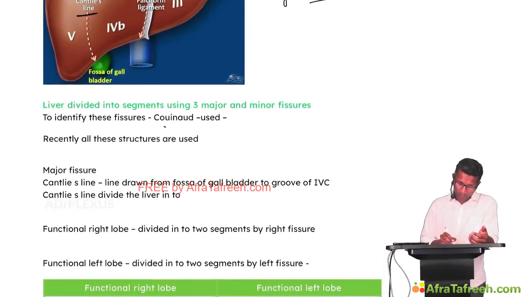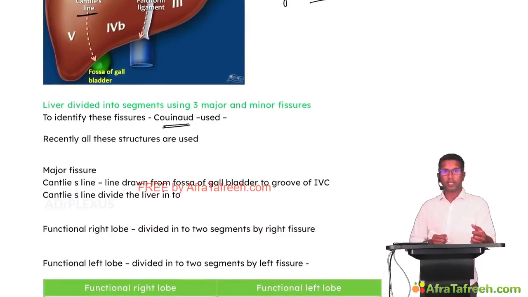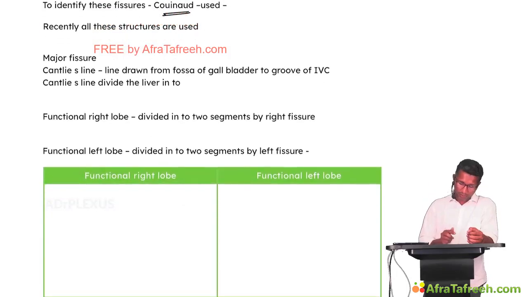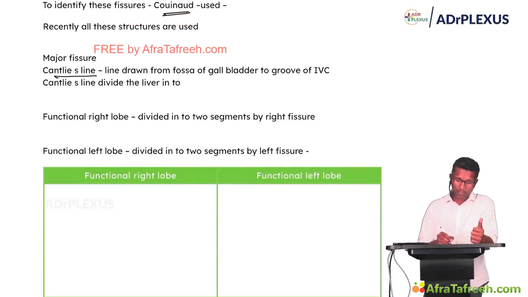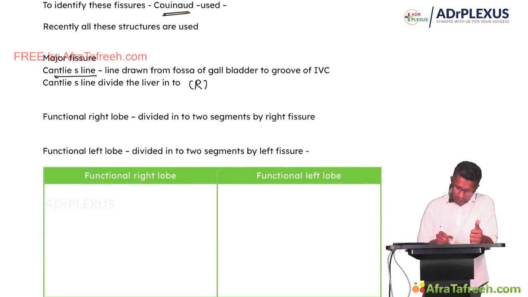So how did Couinaud divide? He used the major fissures to divide the liver. The major fissure is drawn by Cantlie's line. We know Cantlie's line divides the liver into a right lobe and a left lobe.